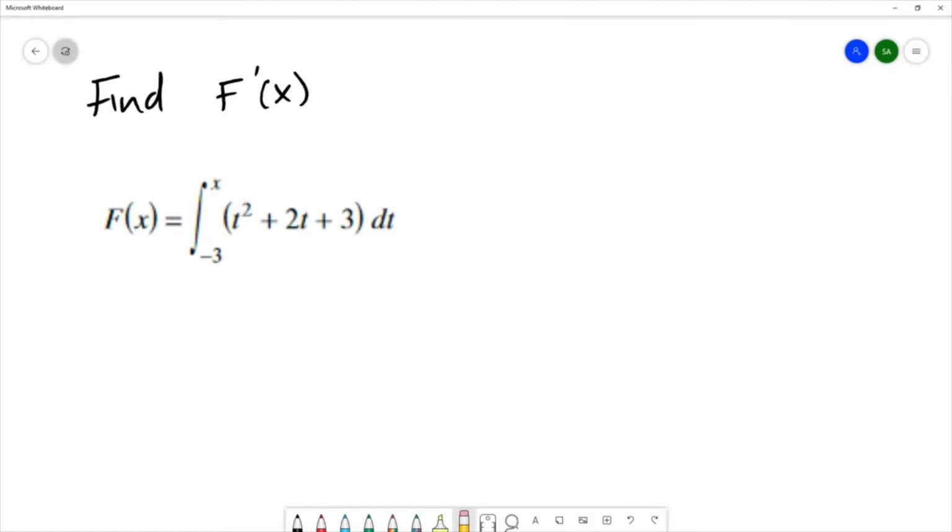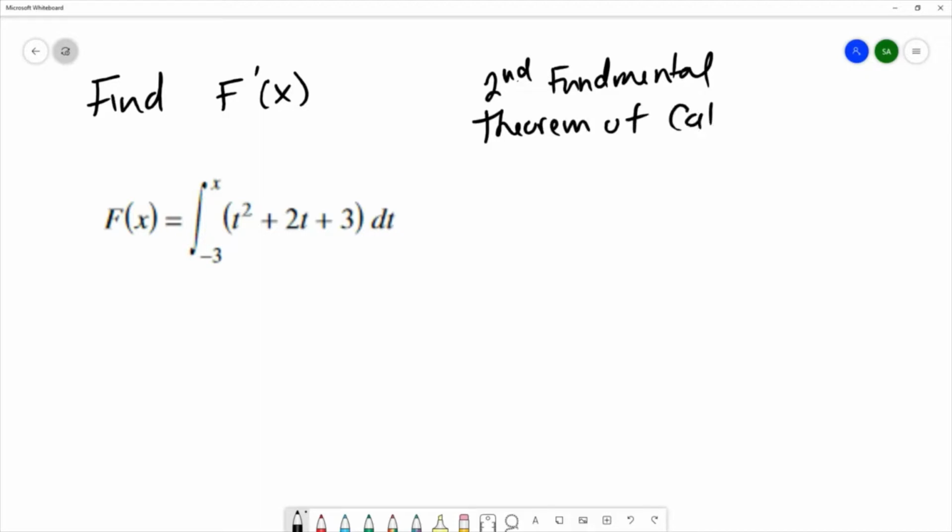So when we're calculating the derivative of an integral, this is using the second fundamental theorem of calculus. And with the second fundamental theorem of calculus, from our textbook, it looks something like this.